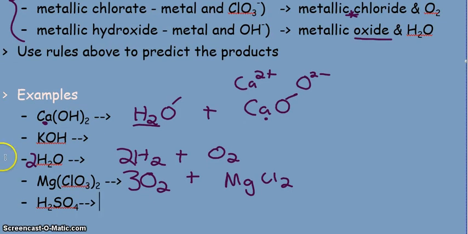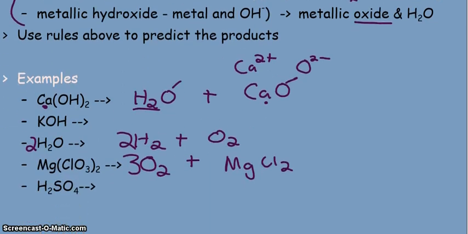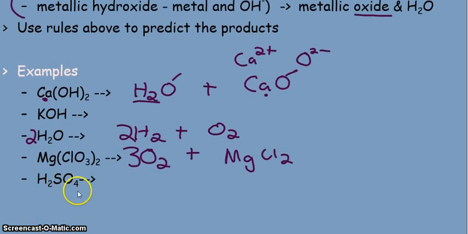Let's look back up and see what we have here. So with an oxy acid, I'm going to bring it to a non-metallic oxide in water. So what I'm going to do is to simply take off the water that's in there, and whatever's left over will be the non-metallic oxide. So in my compound here, if I take away 2 H's and 1 O, that's my water.